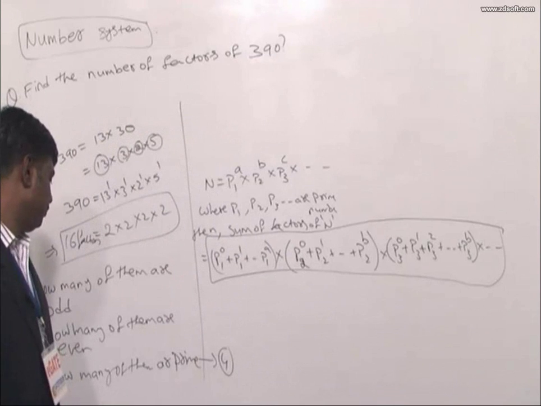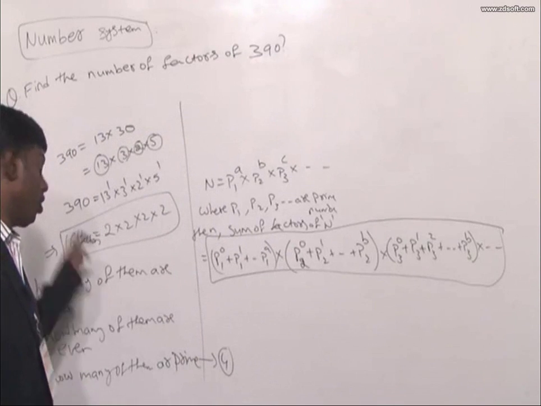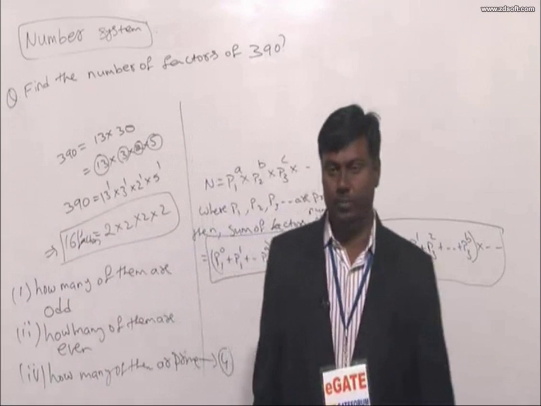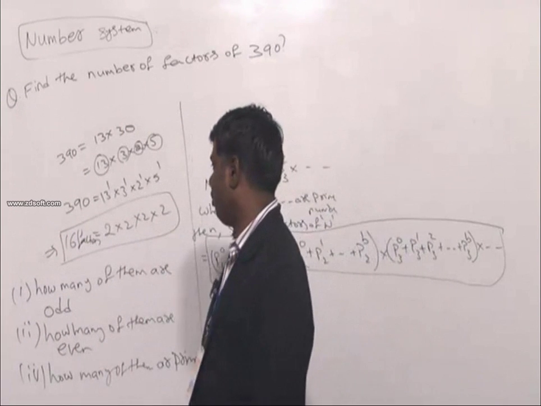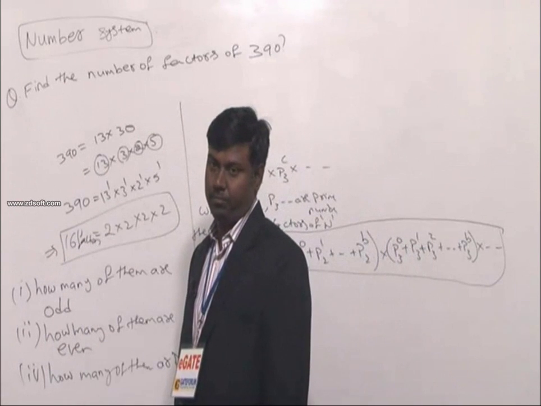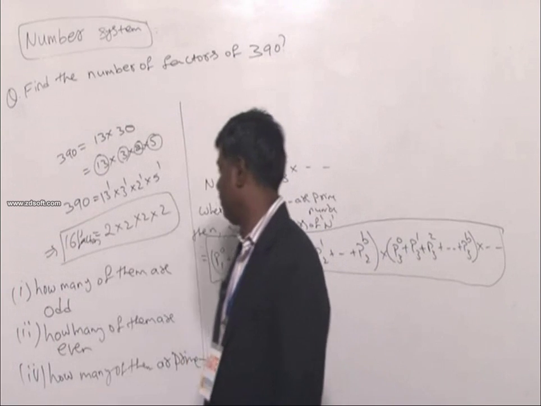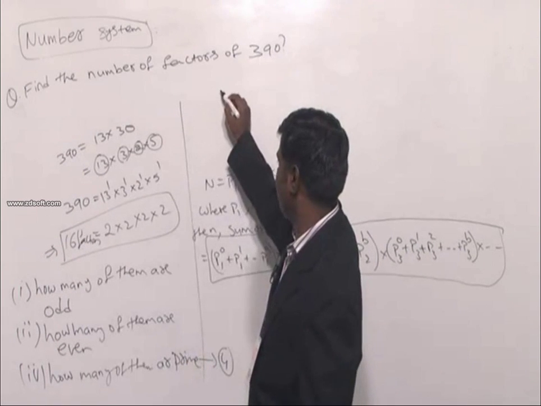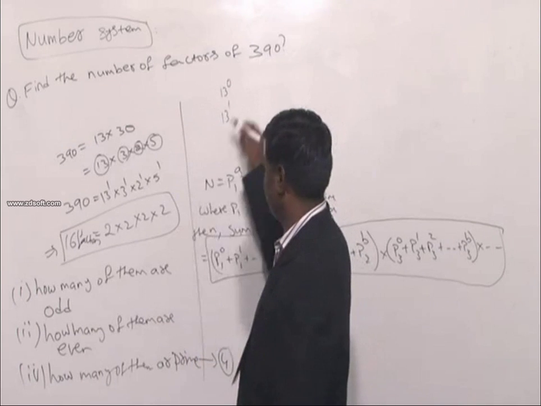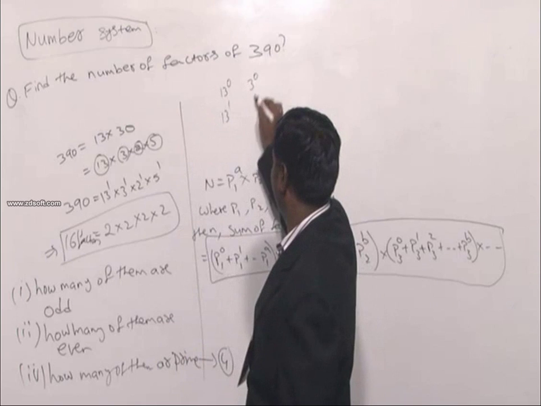Next, how many of them are odd? A number which is not divisible by 2 is an odd number, right? So it should not have a combination of 2 power 1. That is very simple. 13 power 1 has combinations 13 power 0, 13 power 1. With that 3 power 0, 3 power 1.